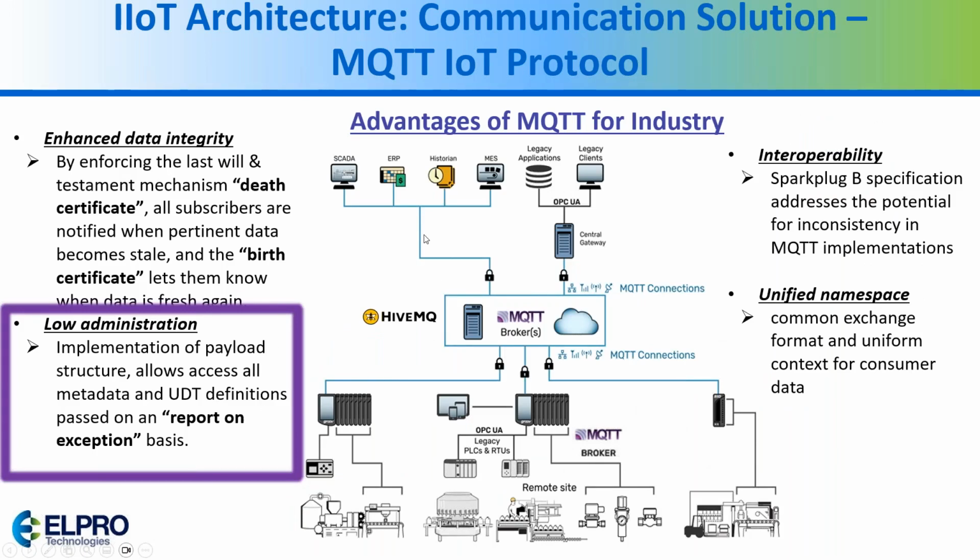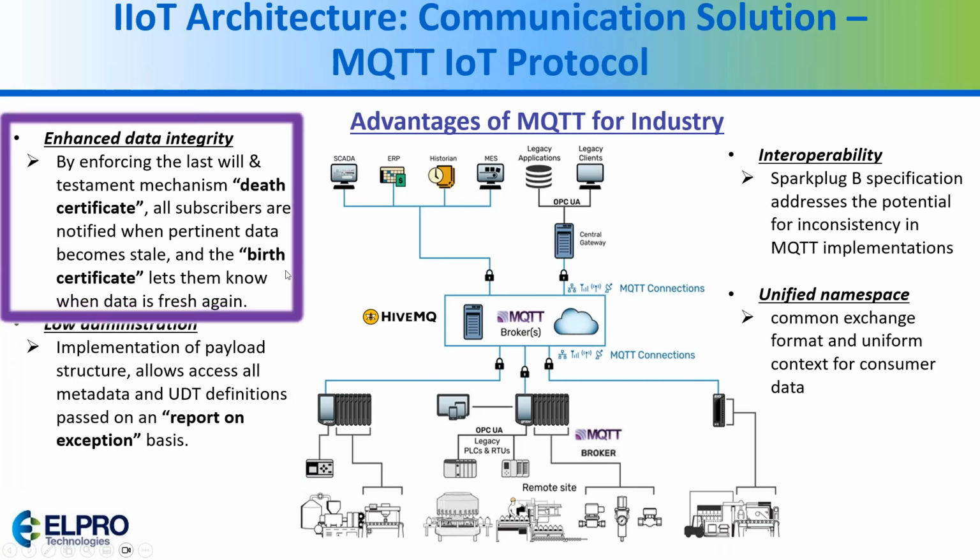So the advantages of MQTT, as I mentioned in the last webinar, is report on exception. It's a very efficient communication protocol that only communicates, or has an option to only communicate, when the information changes.